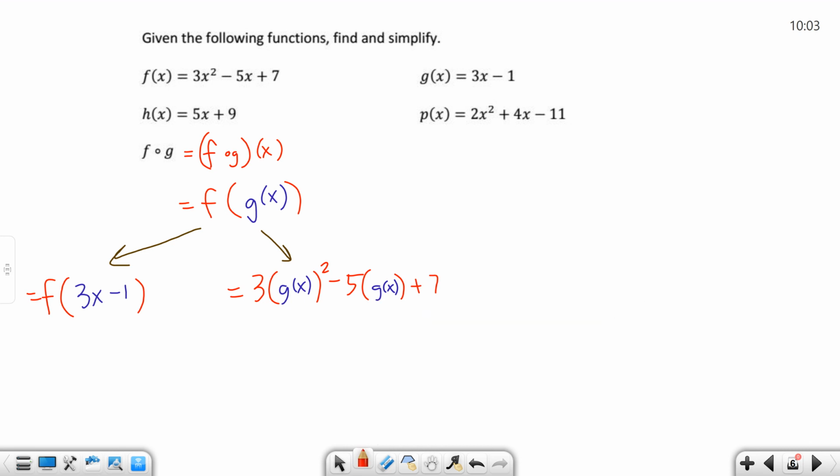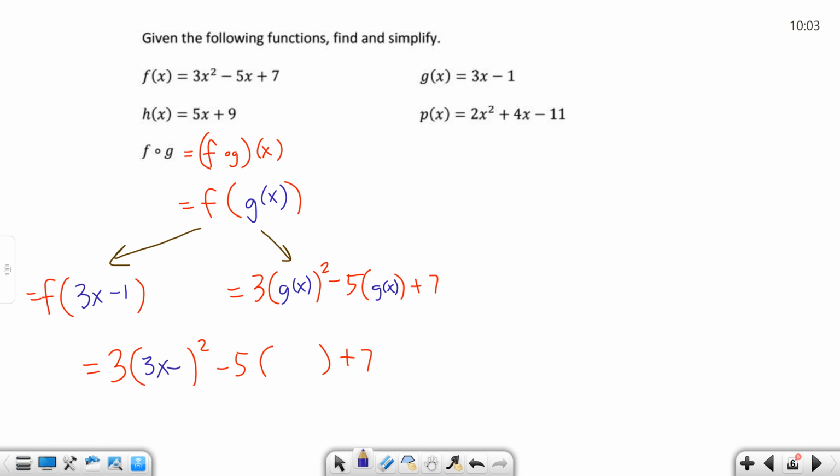And then look, if you went this direction over here, then the next step is going to be, all right, let's see. The rule for f is 3 times something squared minus 5 times something plus 7, right? What is that something? Well, look, we already saw 3x minus 1 goes in here and here, okay?